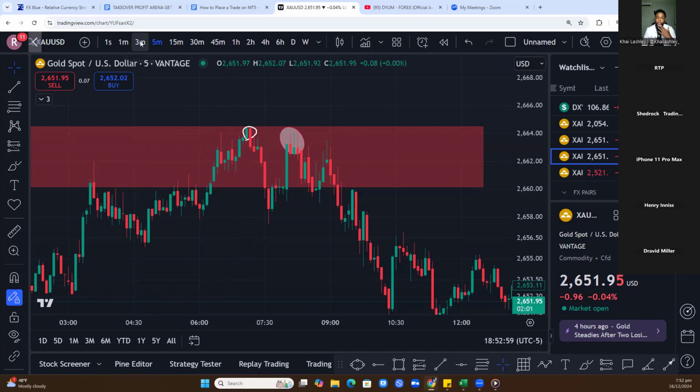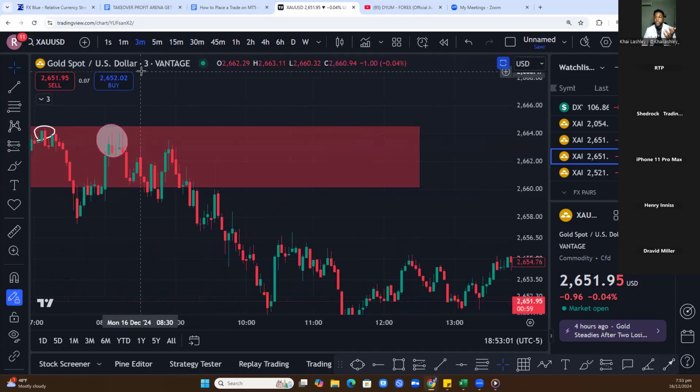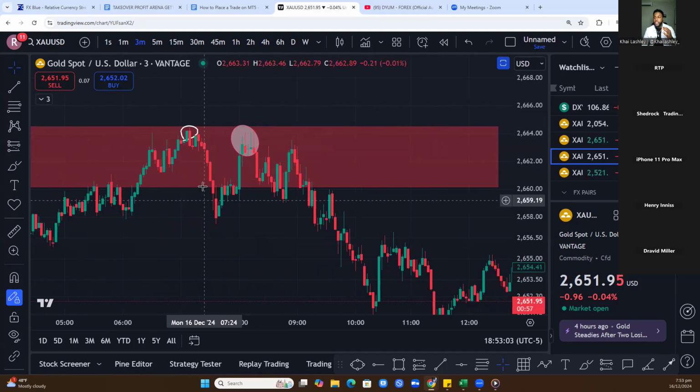I want to break this down further so you can see it really and truly doesn't matter per se what the time frame is. I would say though that the higher the time frame, the stronger the confirmation. But the smaller the time frame, the earlier the entry.